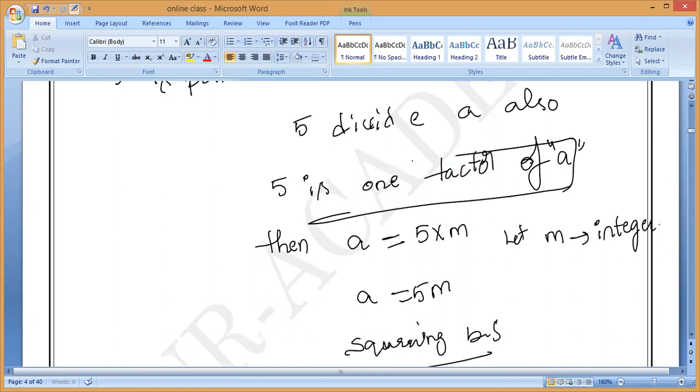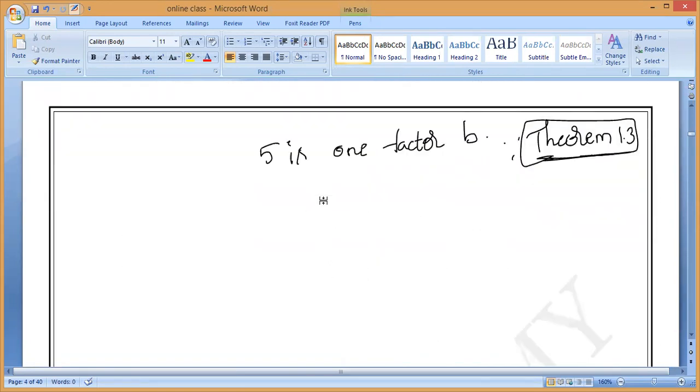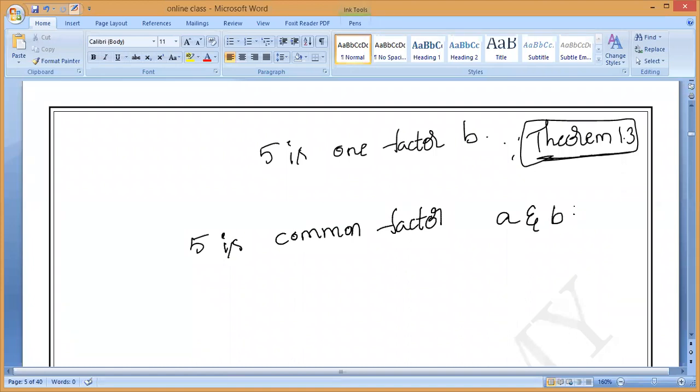And here we get 5 is one factor of B. So 5 is a common factor of A and B. Do you understand? So our assumption is wrong.